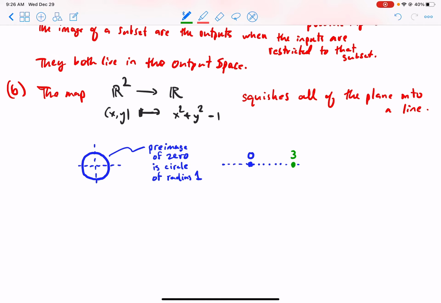Now 3 happens to be, because I've thought about this before, this circle. And what's this? Well, let's use a different word instead of preimage, because some people say it differently. The contour of 3 is a circle of radius 2 in this case.